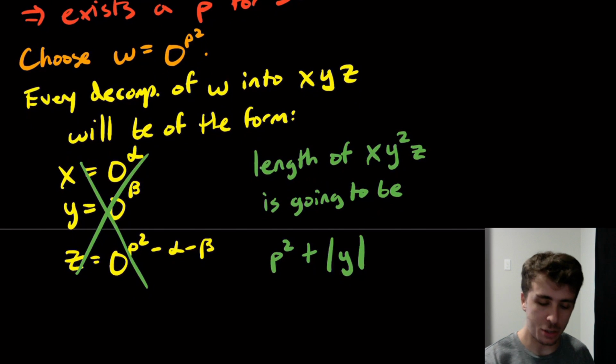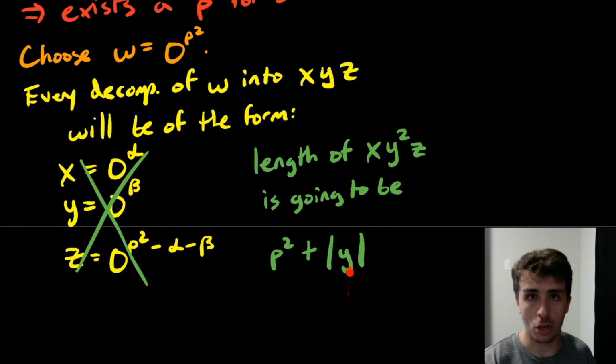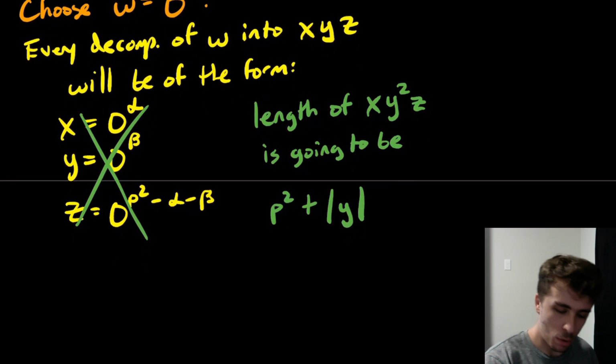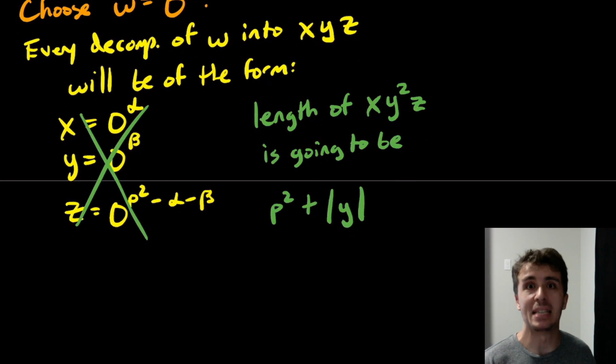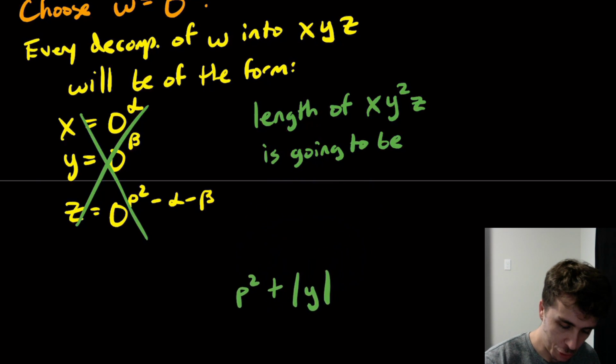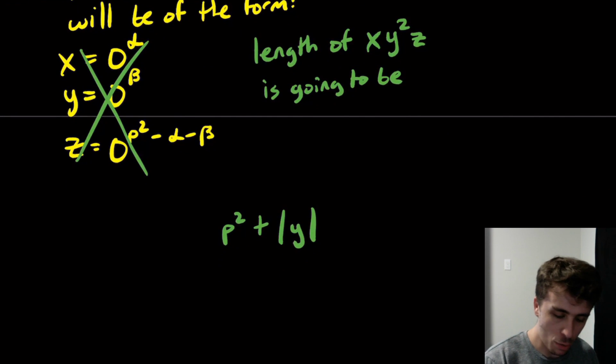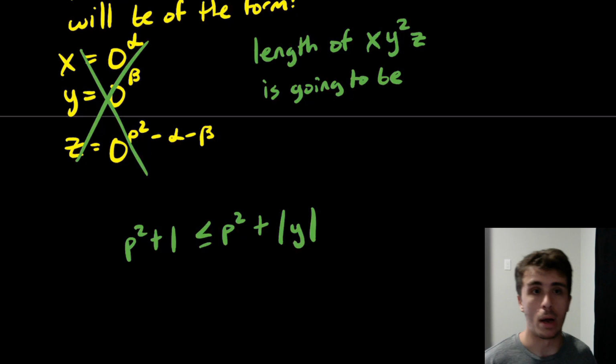Right? Because the original length was p squared, and I'm adding another copy of y here. Well, we know that the length of y is at least 1, no matter what. So actually what I'm going to do is move this right here. And so we know that this is at least as big as p squared plus 1.